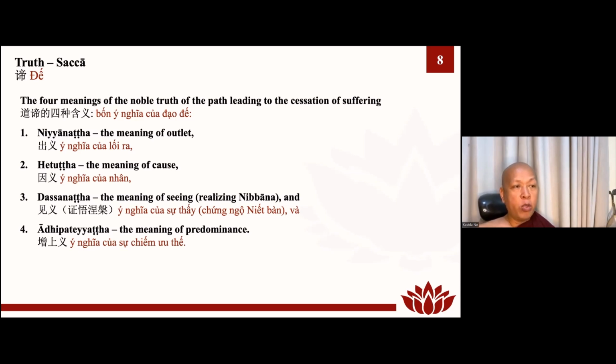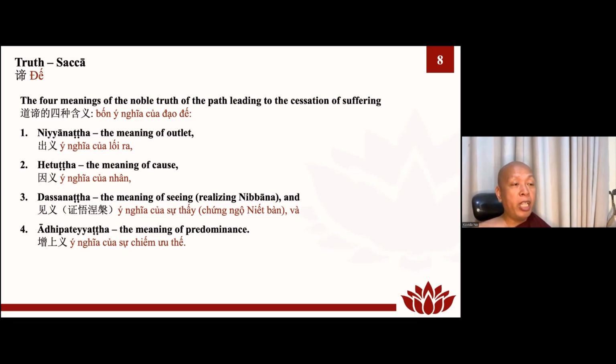After that, Hetutta. Hetutta means the meaning of the cause. As you already know, this is also the cause of attaining Nibbana. That's what we call Hetutta. Then, okay, we have to explain something about these two, right? For Niyyanatta, actually there are many, naturally, but it's very clear to lead people to be free from suffering.